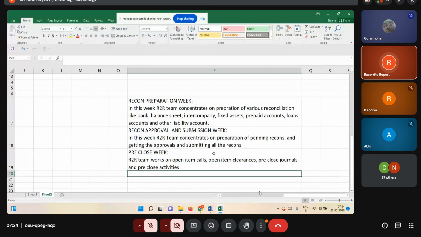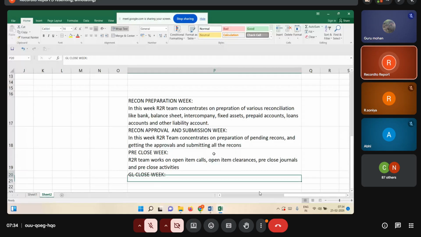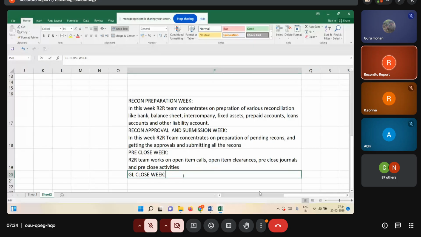The fourth week will be called the GL close week, guys. It is the last week in every month. So what are the activities we are doing?